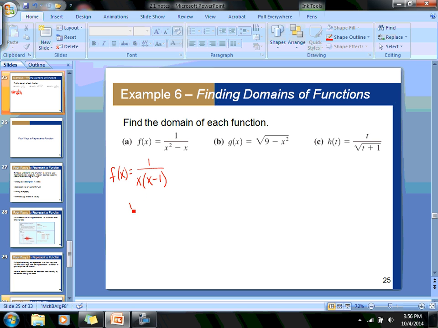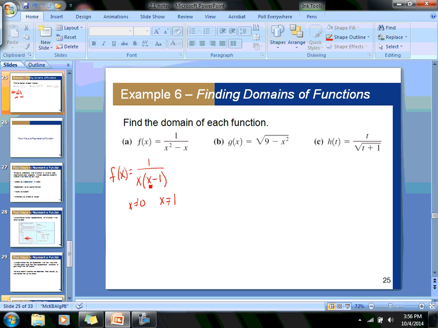So I'd want to take each little part and set it equal to 0. I'd have x equals 0, and then x minus 1 set equal to 0 and solved gives x equals 1. And actually, those are going to be the values that our domain cannot be. Because if x is 0, that'll make my whole denominator 0.